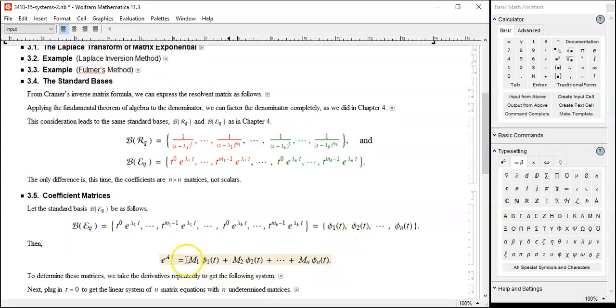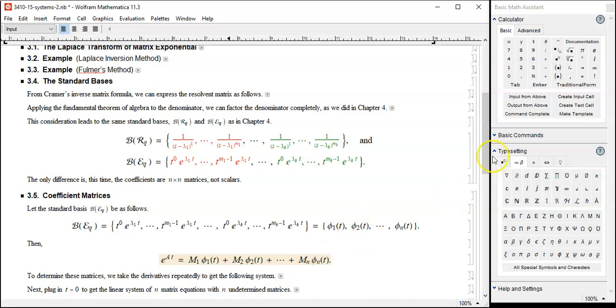Kind of like this form: capital M1, a coefficient matrix, capital M2, a coefficient matrix, dot, dot, dot, capital Mn, a coefficient matrix. And then all these are the basis functions here. And we have to have those n bases.